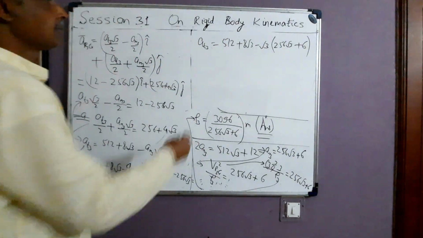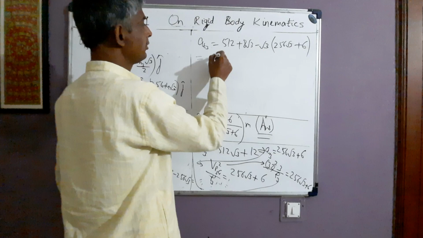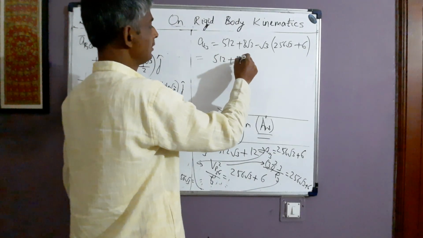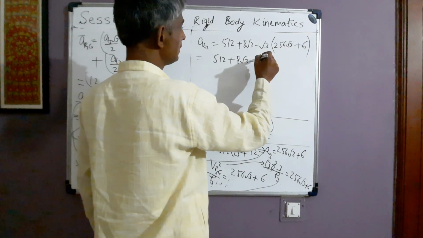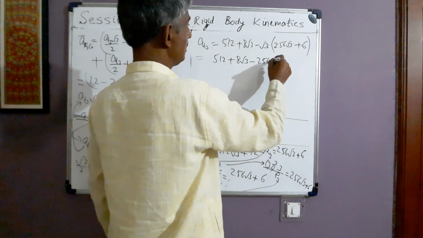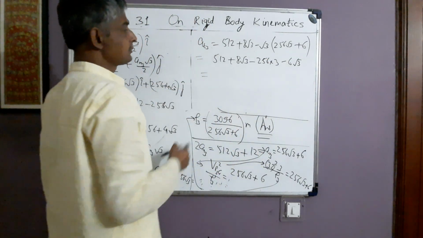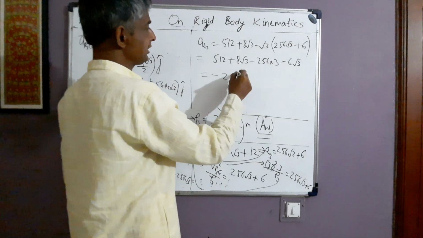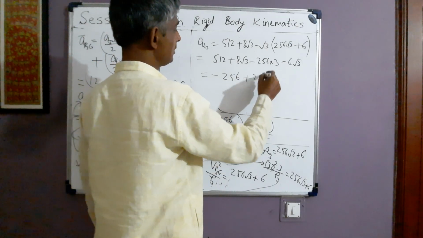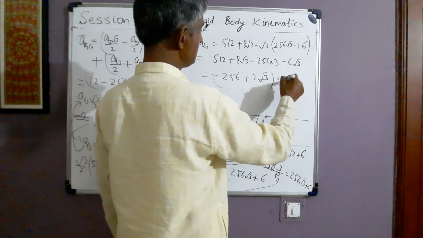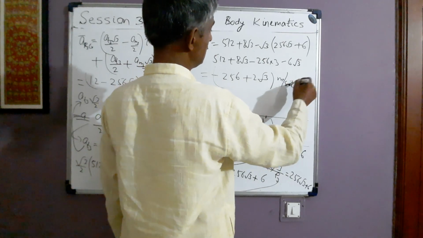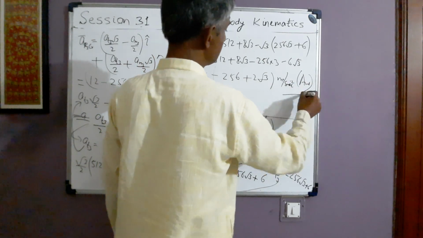So this becomes how much? 512 minus 256 into 3 minus 6 root 3. So this becomes how much? Minus 256 plus 2 root 3 meter per second square. This is therefore the required answer.